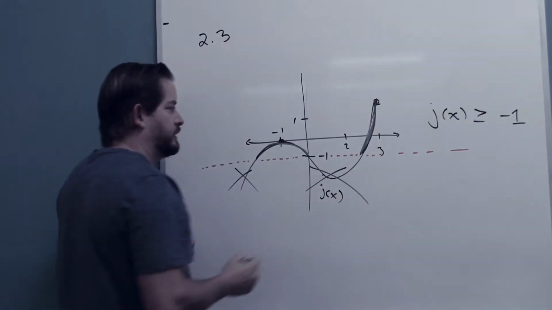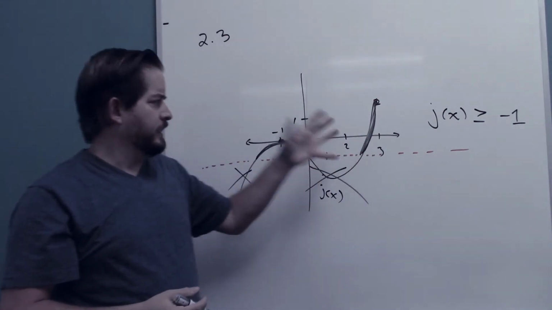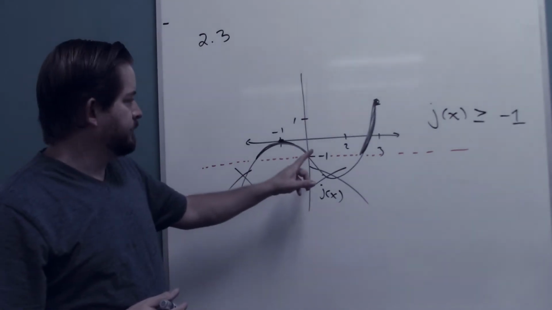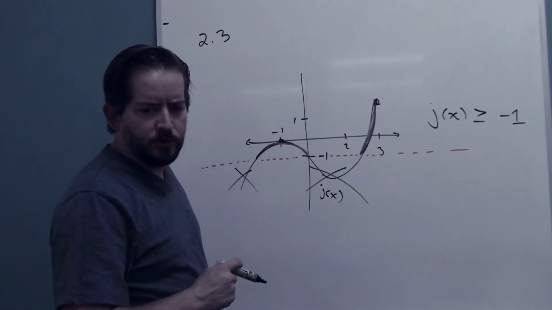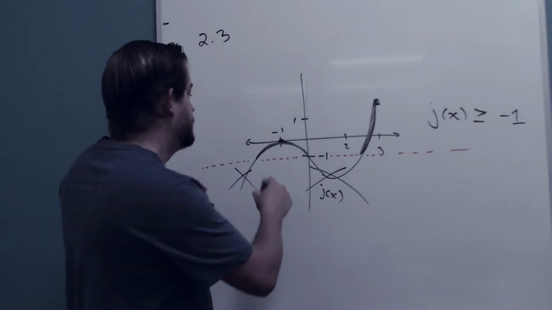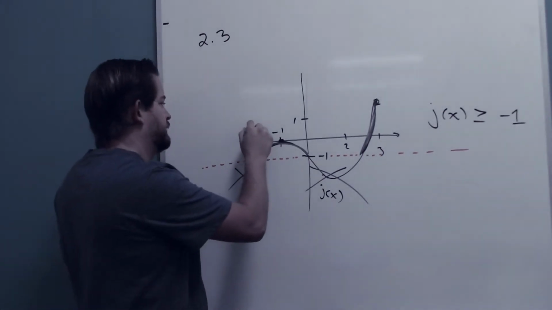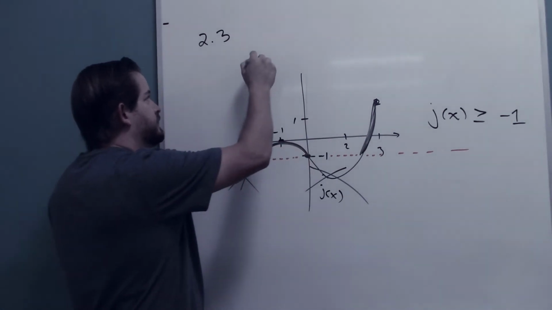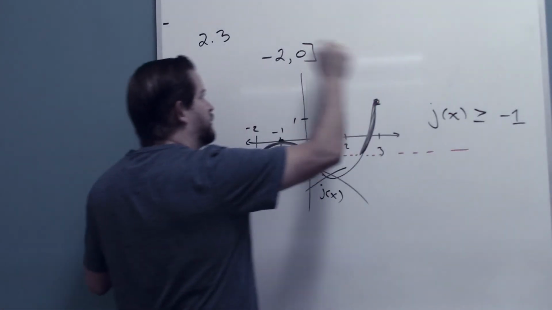That's where our solutions are, this little interval and this little interval. And you can't tell by my graph because I graphed it terribly, but for this interval, in section 2.3, problem 4, this happens at -2. And so I have between -2 and 0, inclusive, because it's an inclusive inequality.